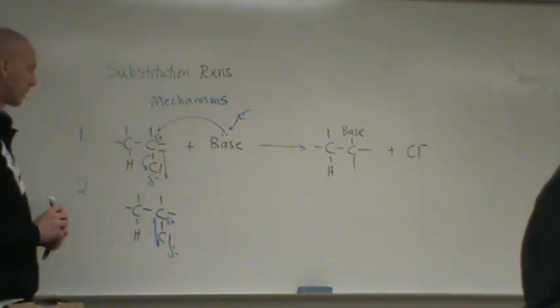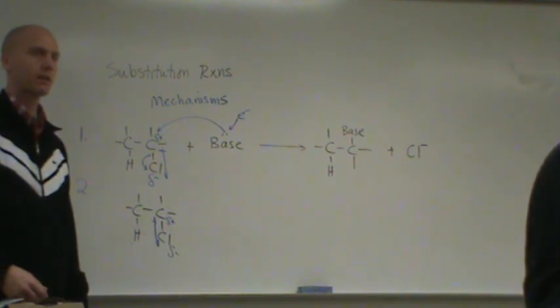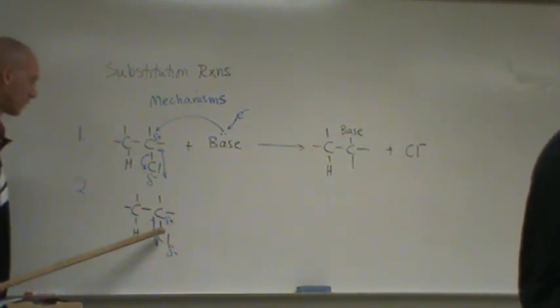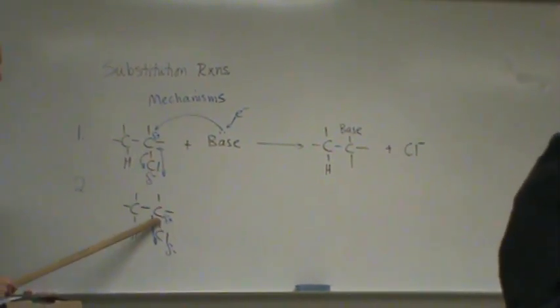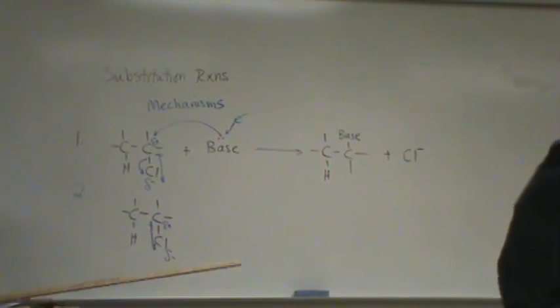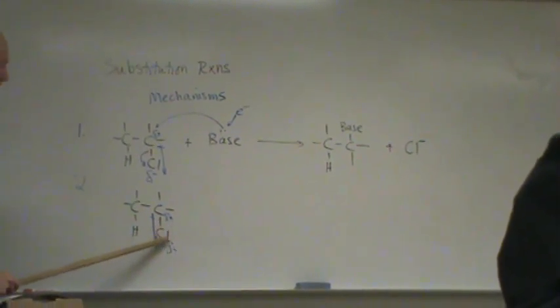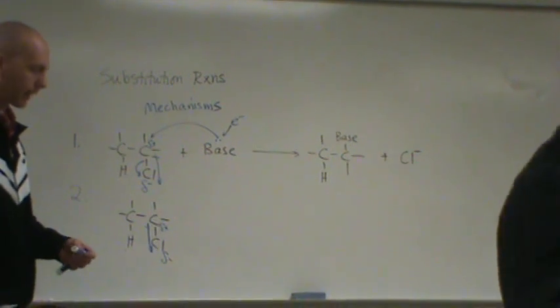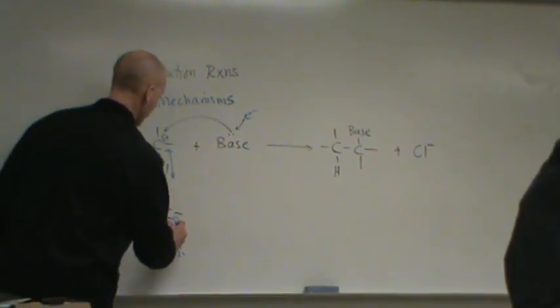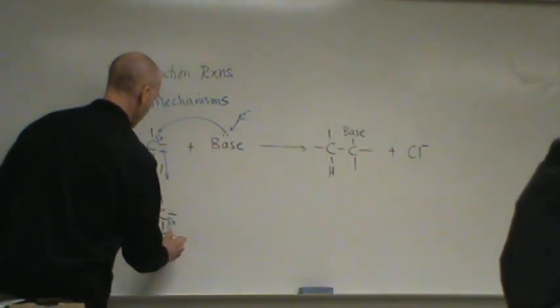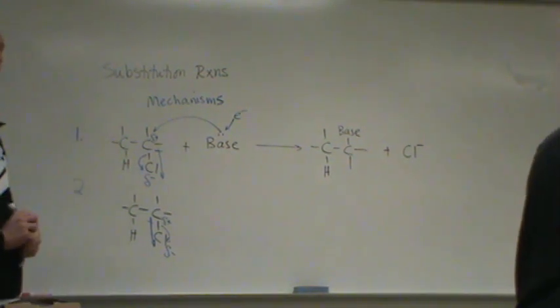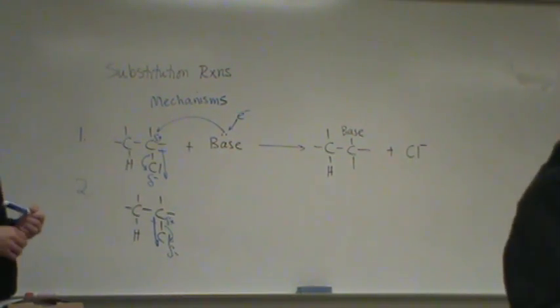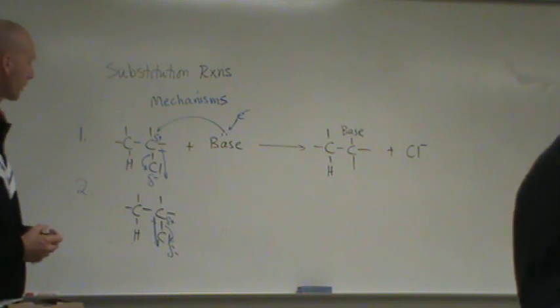So that chlorine is pulling on that bond, in fact pulling on these electrons so badly that another mechanism is the chlorine can go ahead and leave. We'll see why it leaves or how it leaves later on.